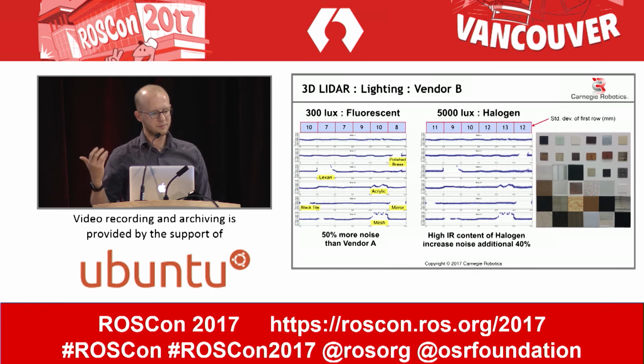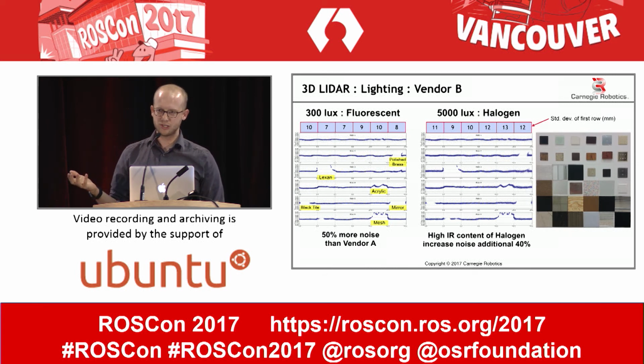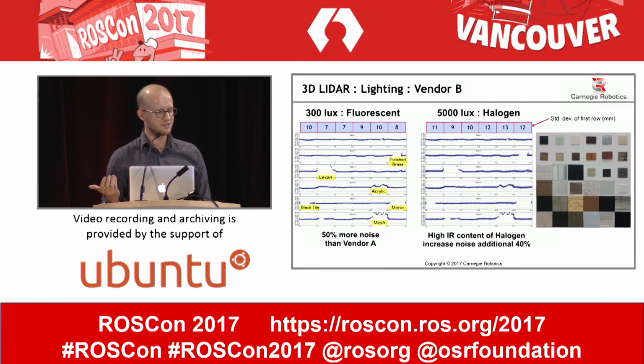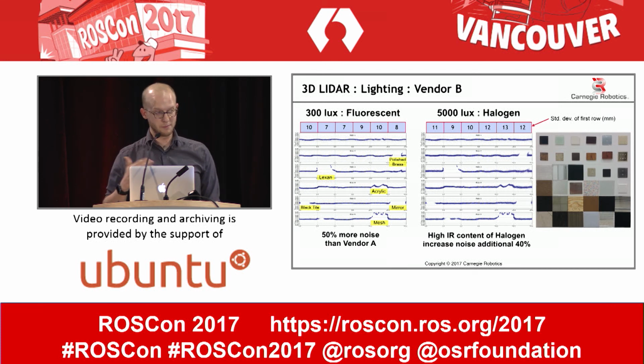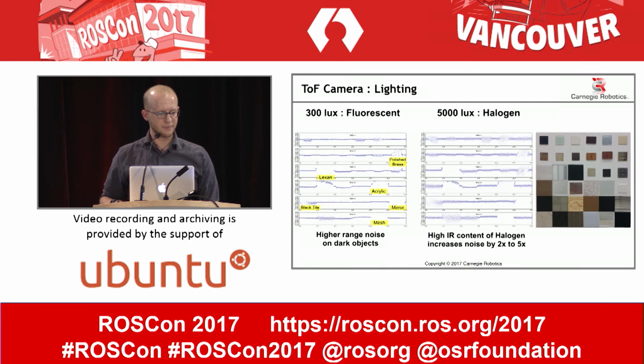Similar kind of laser from a different vendor had 50% more noise in the low lighting environment, but then when you turn on the high halogen or the high IR from the halogen lights, the range accuracy drops dramatically for this sensor. Similar kind of 3D perception technology. Different vendors have different implementations and have these sorts of regressions potentially.